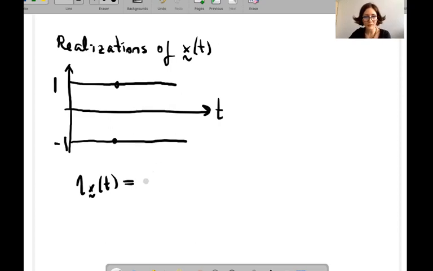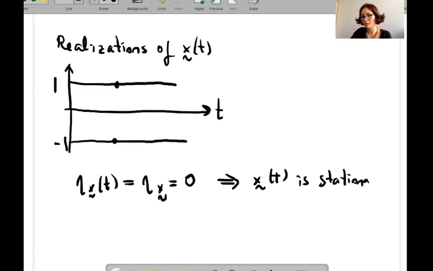So the mean function of this random process is equal to 0. It's constant, it's equal to 0, so we have verified that x of t is stationary in the mean. So now we have the right to talk about ergodicity. Since it's stationary, we can ask whether it's ergodic or not.